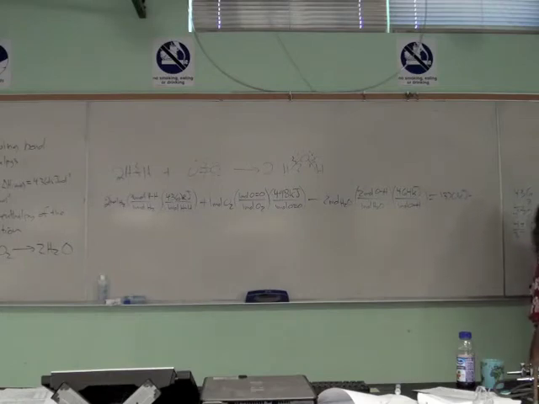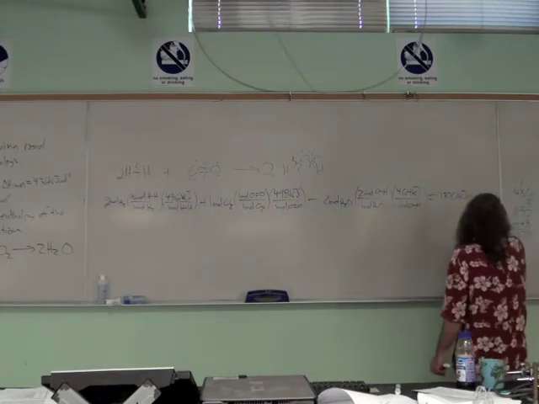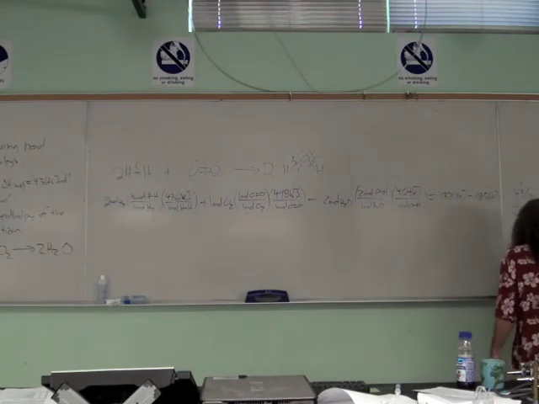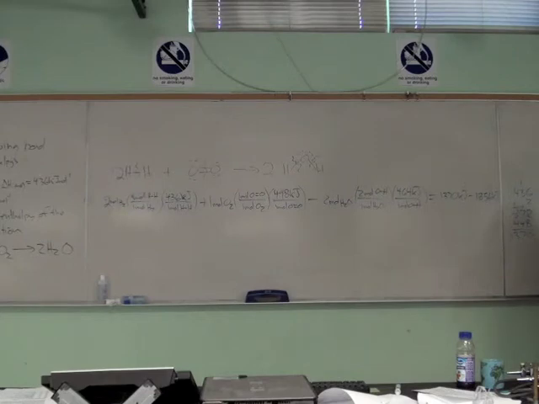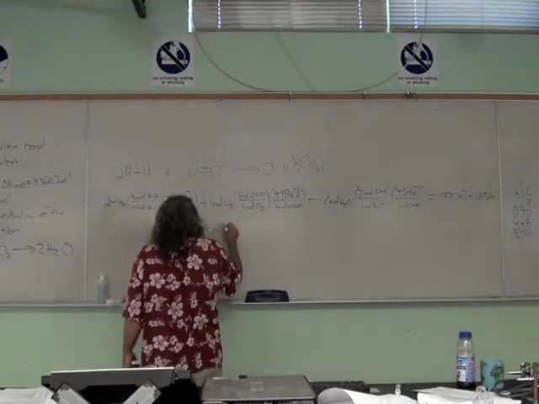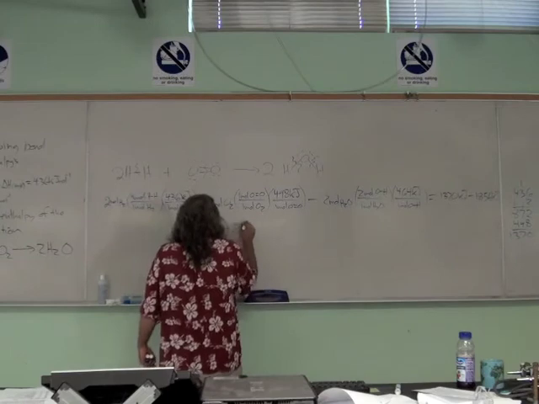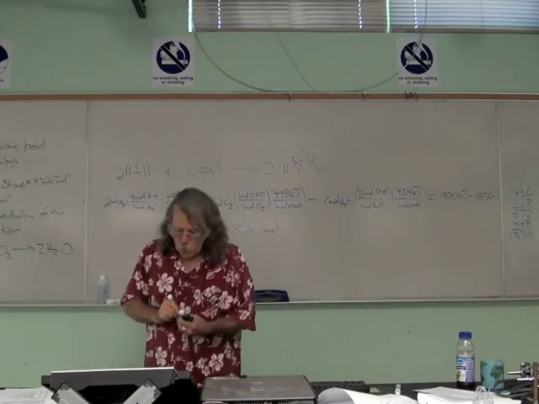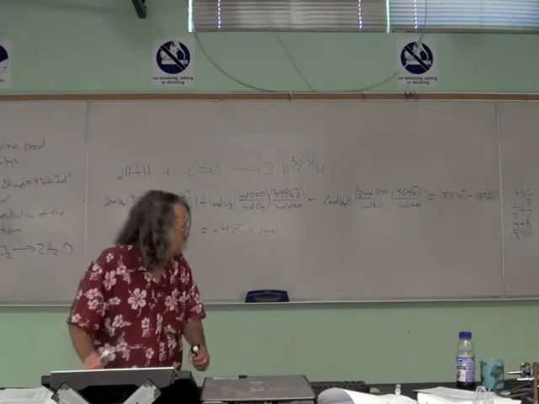So I have 1370 minus 1856, which equals minus 486 kilojoules per mole. Which option was that? Option A.